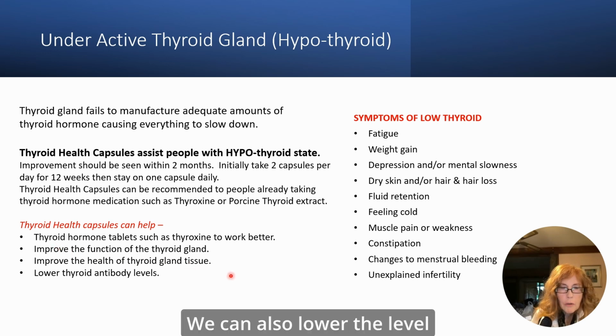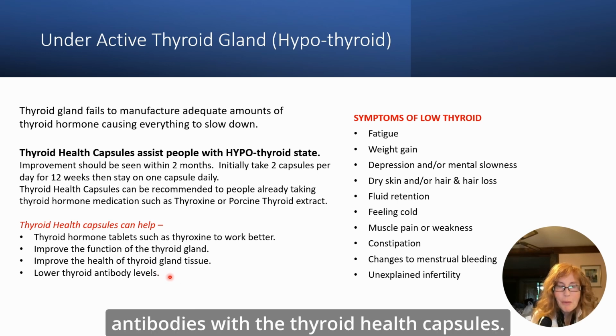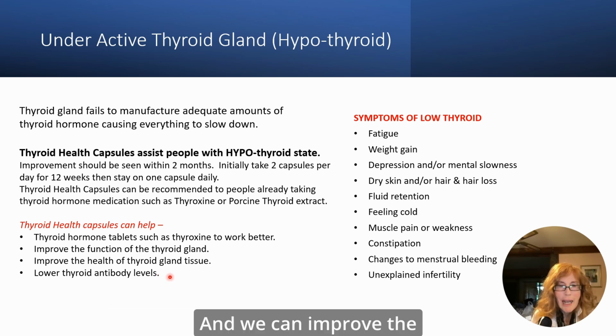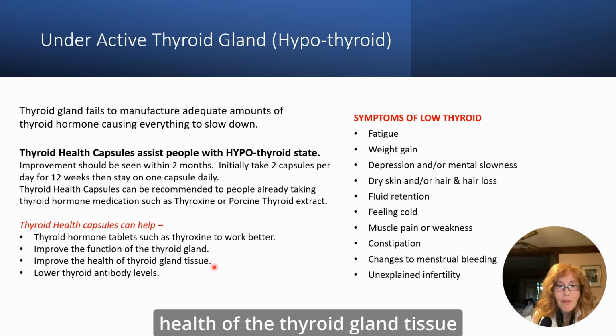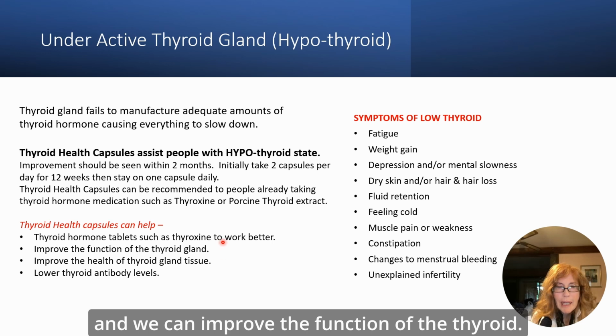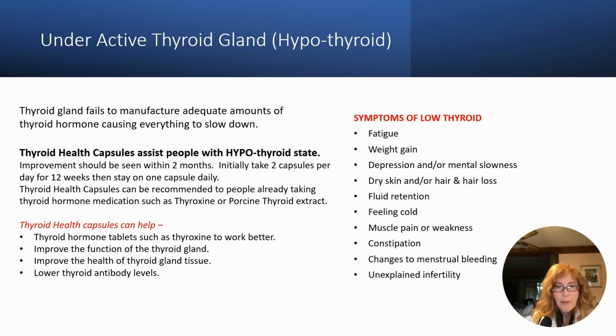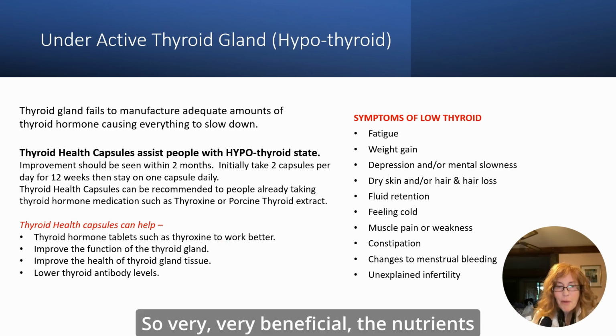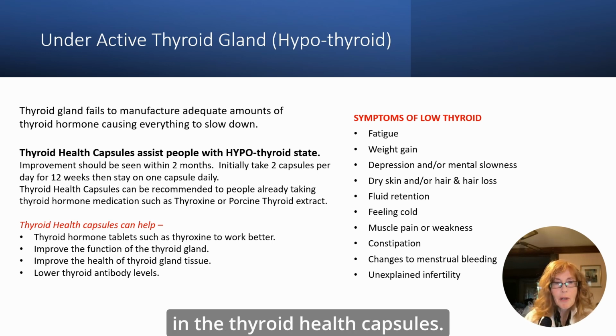We can also lower the level of the destructive thyroid antibodies with the thyroid health capsules, and we can improve the health of the thyroid gland tissue, and we can improve the function of the thyroid. So very, very beneficial, the nutrients in the thyroid health capsules.